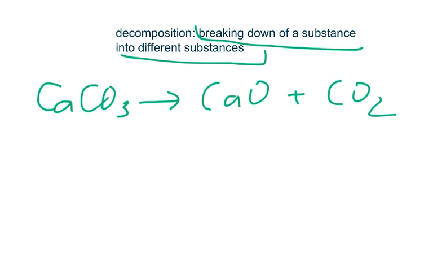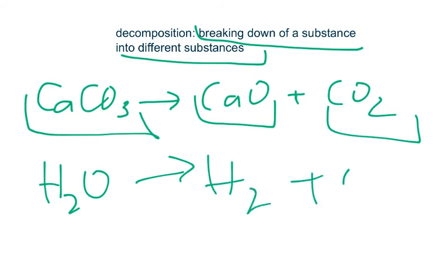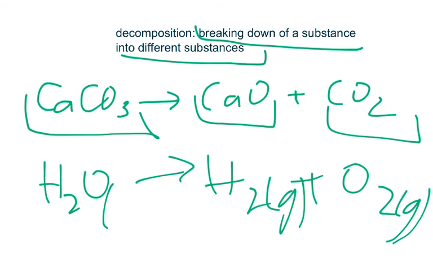This is a decomposition because you are breaking down one substance to form two substances. Another example of a decomposition reaction would be the decomposition of water into its elemental forms, hydrogen gas and oxygen gas. And let me put these in their right forms. So that's a solid, and that's a gas.